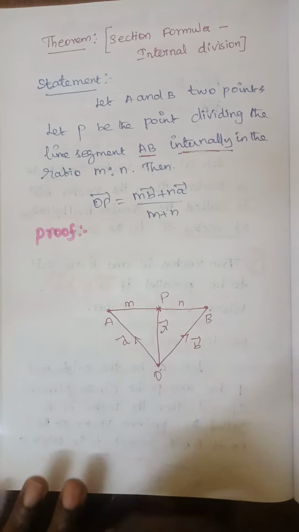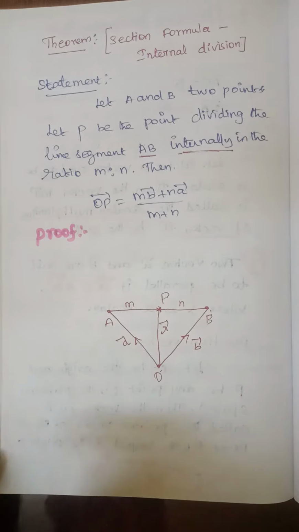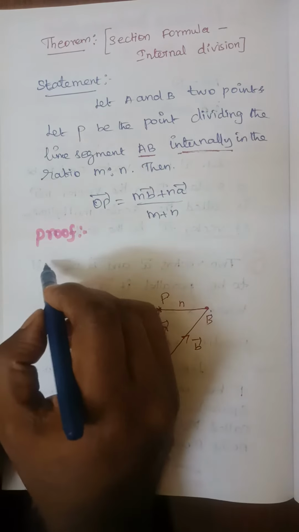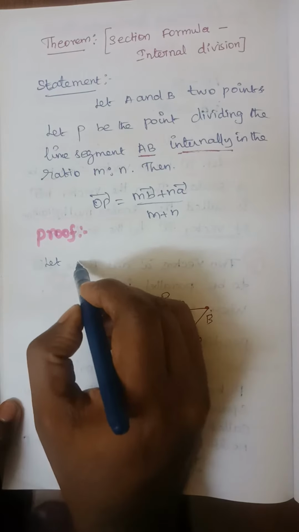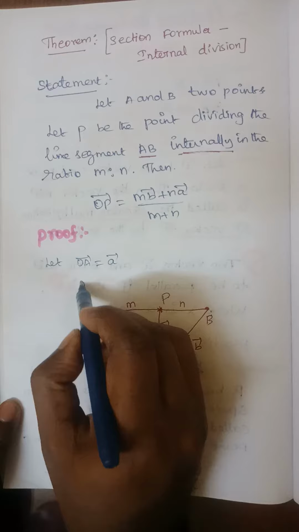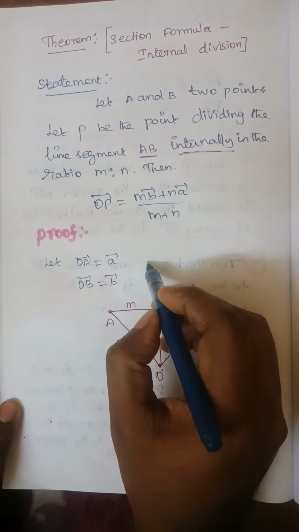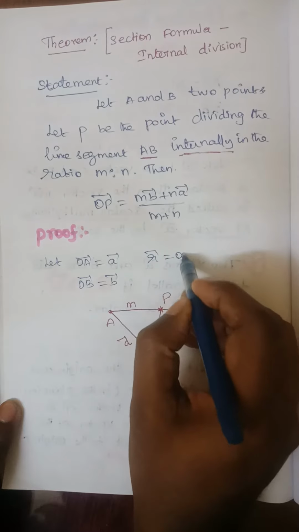So first, let the position vector OA vector be equal to A vector, OB vector equal to B vector, and R vector equal to OP vector.